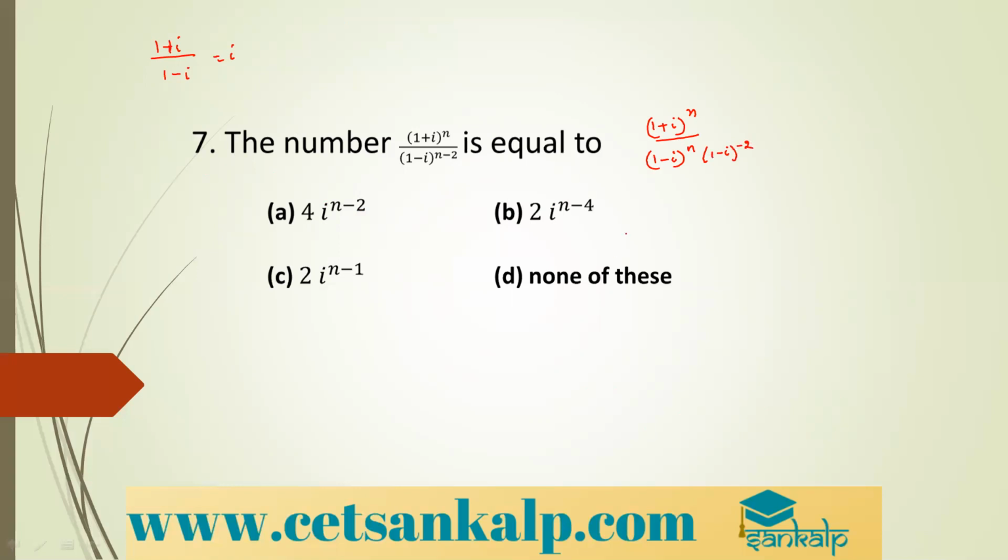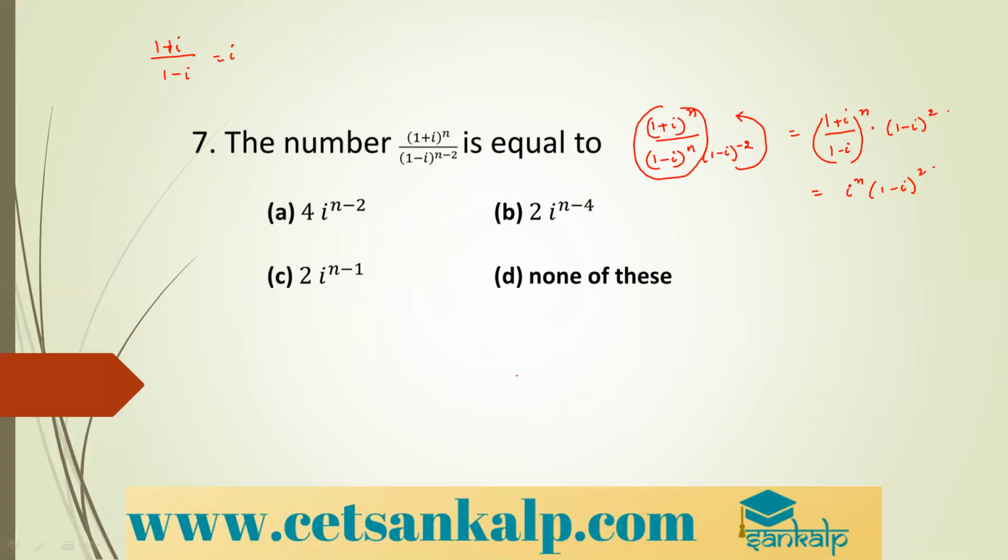Denominator I will break, because for this whole thing I can take common ((1 plus i) by (1 minus i)) whole power n. And this, because of the negative power, I can bring up, (1 minus i) whole square. So this is i power n, and this is (1 minus i) whole square.